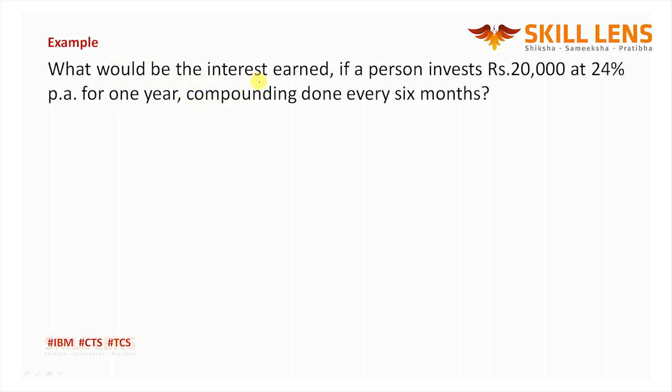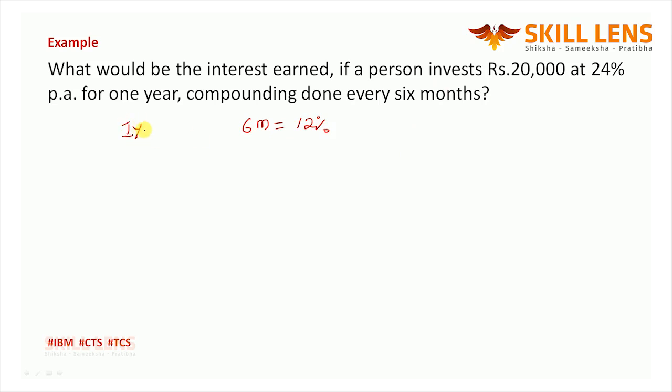What would be the interest earned if a person invests rupees 20,000 at 24% per annum for every year, compounding done every 6 months? So for every 6 months it is repeating. First, let me calculate in a general way. For the first 6 months, can I calculate it as 12%?